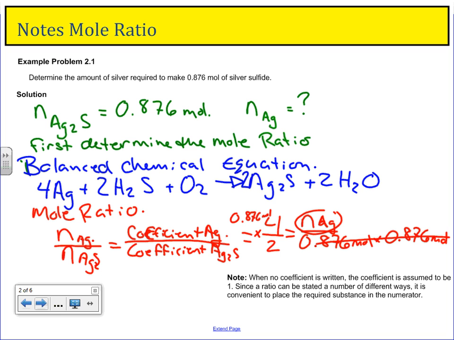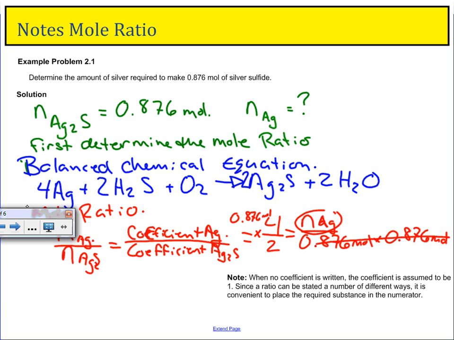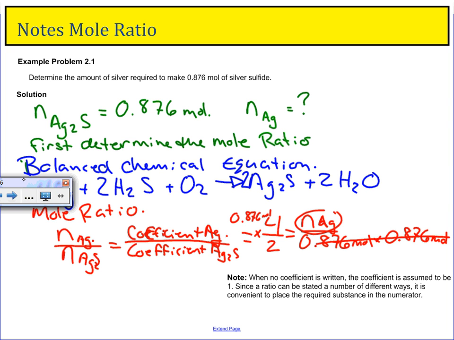It will look like the number of moles of silver is equal to 4 over 2 times 0.876 moles.